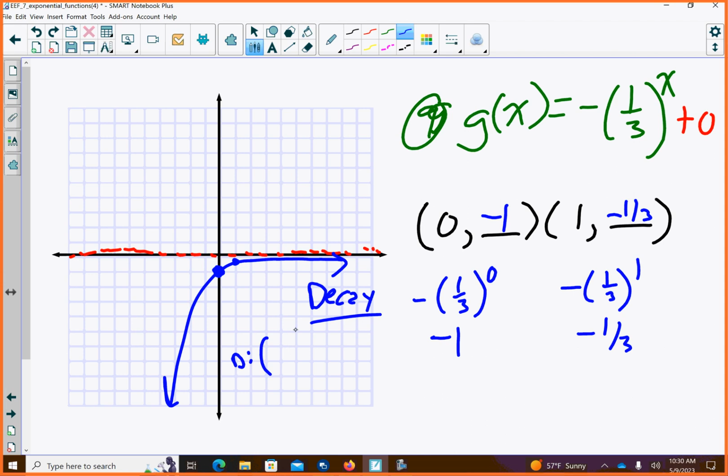As I go to the right, it goes to the asymptote. It's decay. As I go this way, it gets really close to that red dotted line. So growth is going to do this as I go right, based on this board. Decay will do this.